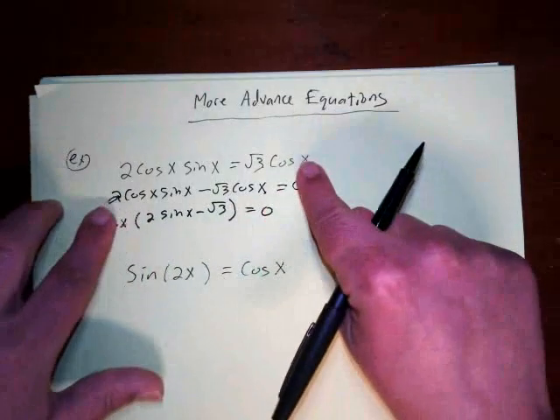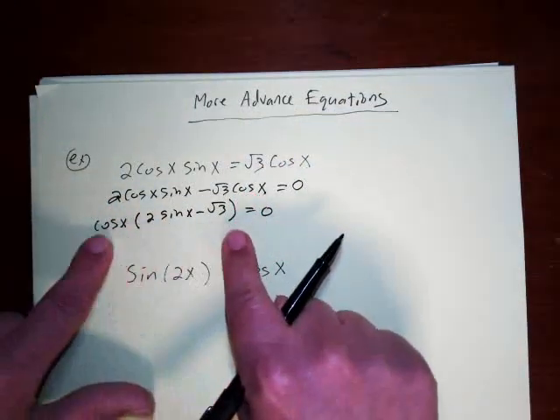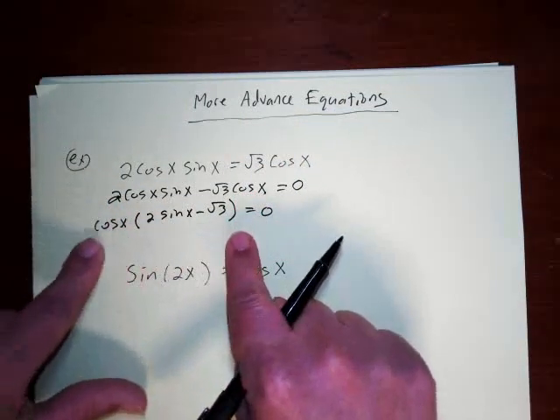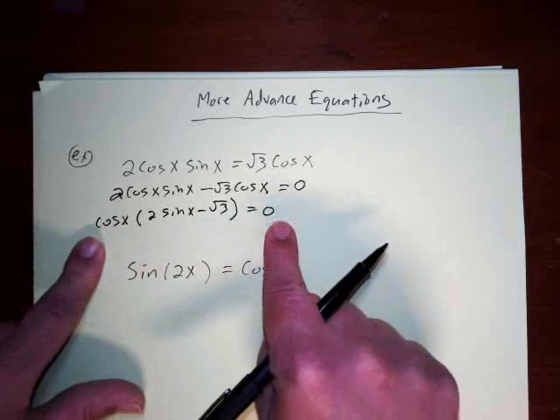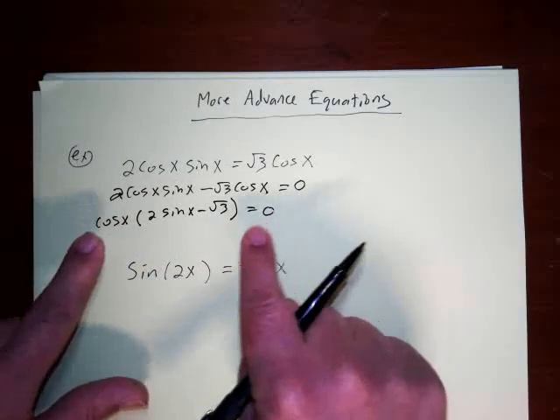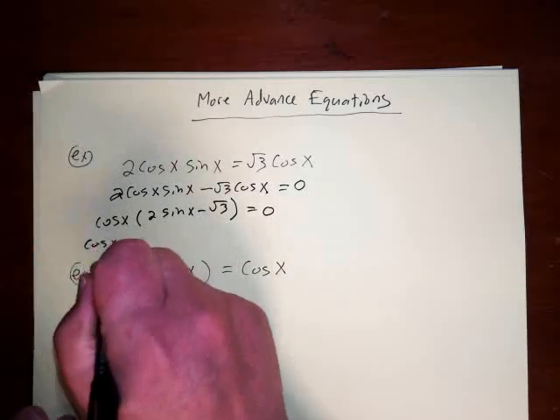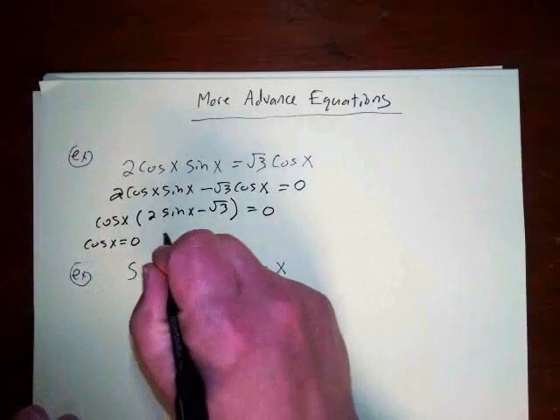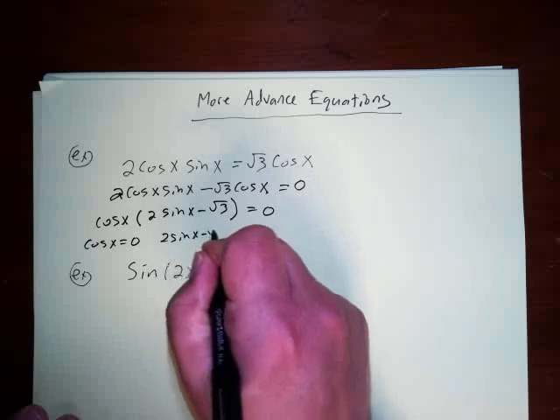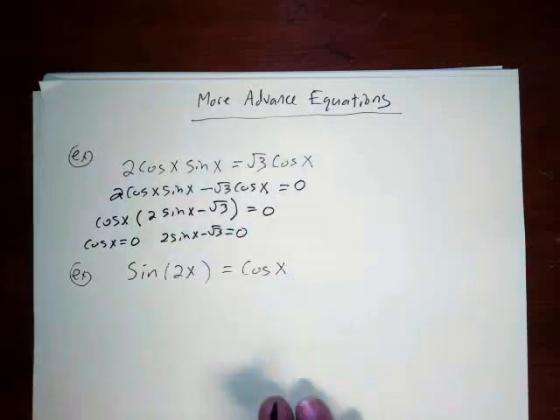So here's the strategy. You move everything to one side and you factor. And it's important that you have a 0 here. Then it's like when you're solving quadratic equations, right? Either cosine x has to equal 0, or 2 sine x minus square root of 3 has to equal 0.